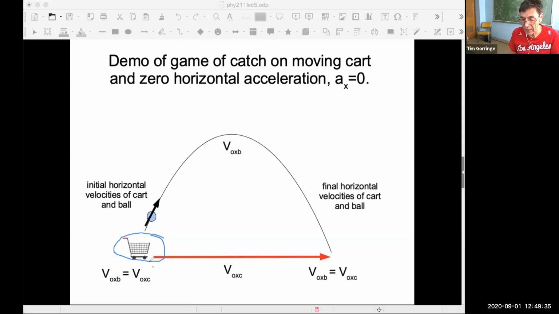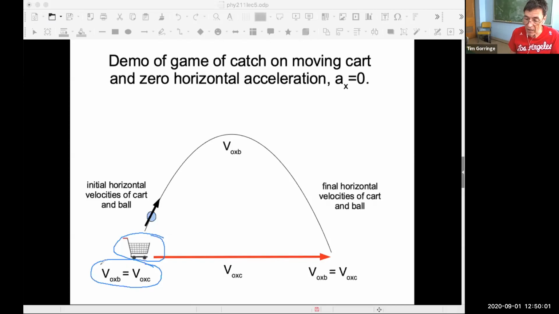So initially, I've written it down here, the horizontal velocity of the ball, which I called V0 for initial velocity, X for the horizontal component, and B for the ball, is the same as the horizontal velocity for the cart initially. So I've got V0 X, the horizontal motion of the cart, and C for cart.